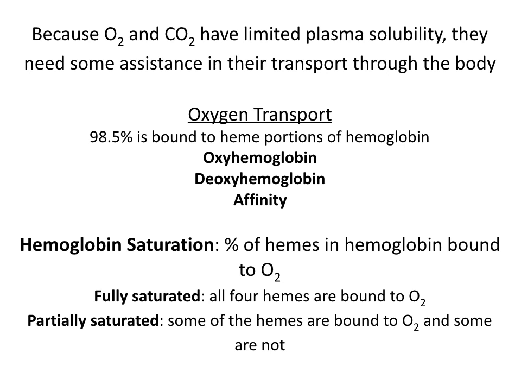Now, when you're thinking about oxygen transport, 98.5% of the oxygen that you carry is bound to the heme, specifically the iron ion, within your hemoglobin. Remember, it was one oxygen molecule bound to the iron in one heme, meaning you have 4 hemes per hemoglobin.